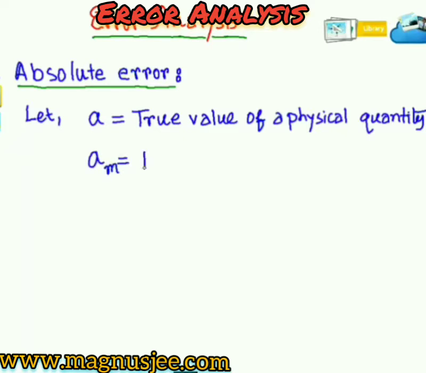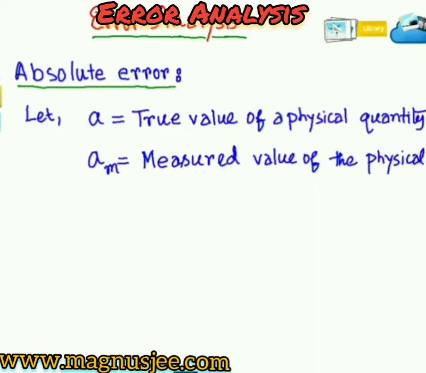AM equal measured value of the same physical quantity. Therefore, delta A equal AM minus A.